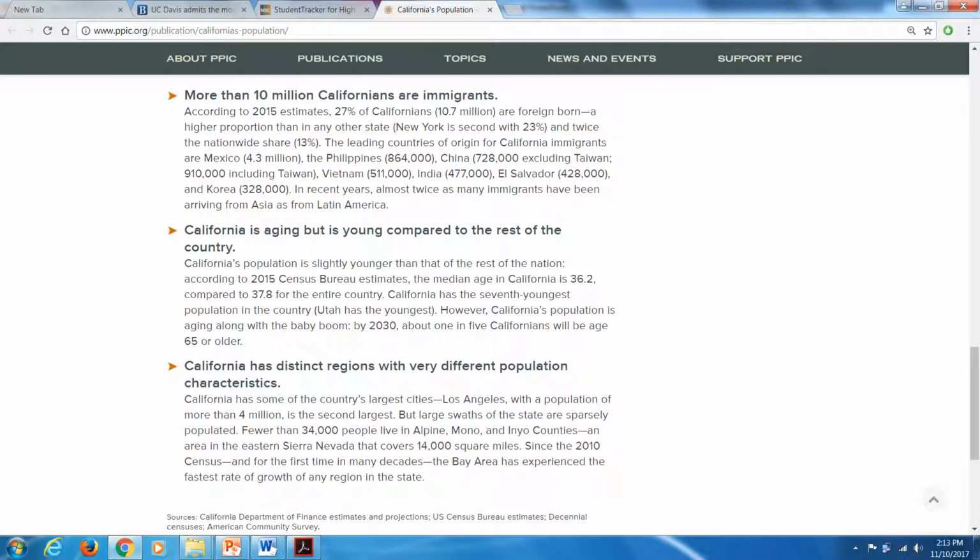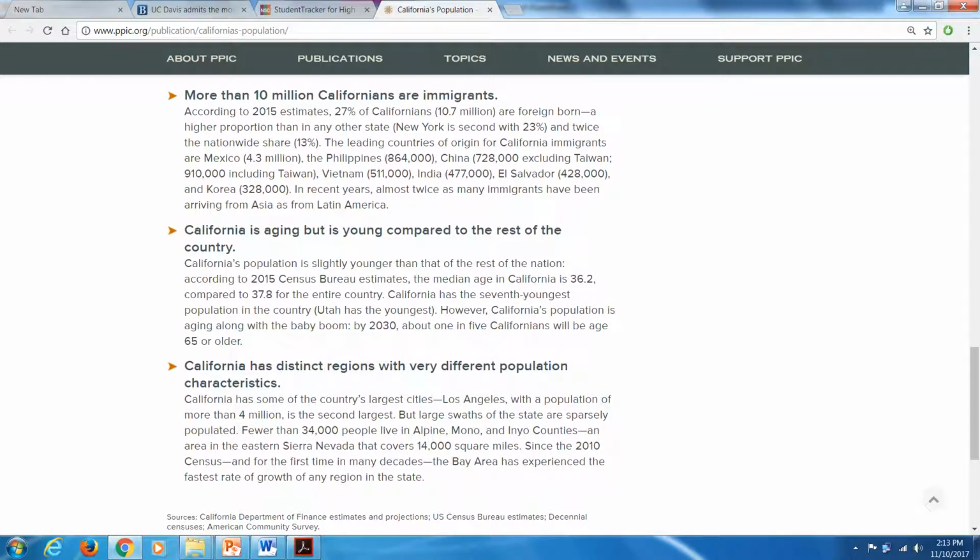It also talks about the median age of California, which is lower compared to the US. And then there are numbers on which countries these immigrants are from. The leading countries of origin for California immigrants are Mexico, 4.3 million, Philippines, 860,000, China, excluding Taiwan, 1 million. Again, these are 2015 numbers.